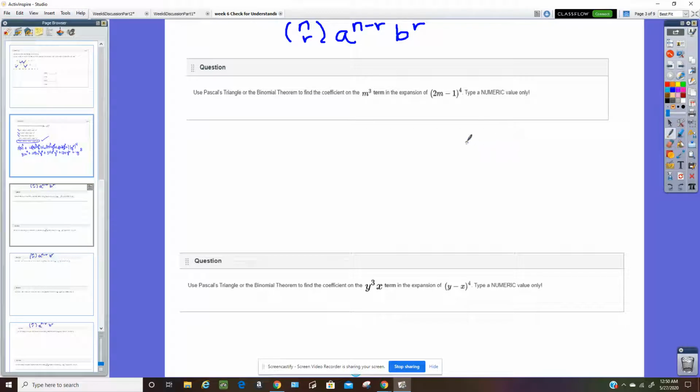All right, in the next grouping, this is going to come up randomly. If I want the m cubed term, that's going to be the second term. I can use Pascal's triangle again, or I could use this little formula up here. Using Pascal's triangle first, we want something to the fourth power.